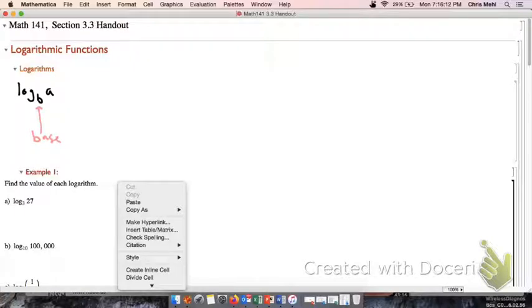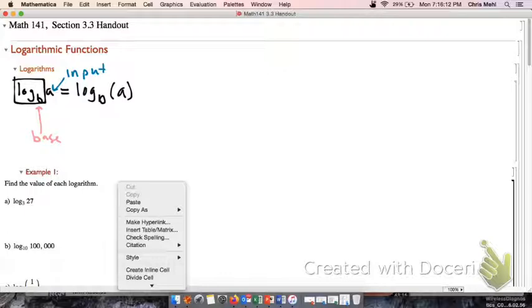I'm going to think of a as the input. So log base b is notation for a function, and a is the input. You might want to think of it this way, log base b of a. That might help you think of function notation.